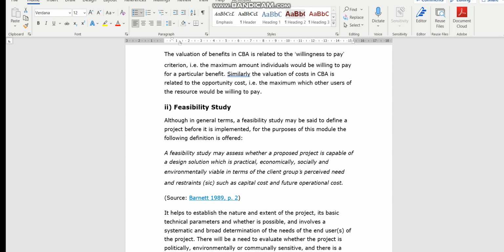whether the project is allowed to be implemented, whether you have enough resources to implement it, and whether the conditions surrounding the project are feasible to let it be executed and continue. There are many areas in feasibility studies where we may face an issue that is not solvable at this point in time, but in the future you may KIV it, because there may be a more practical solution.